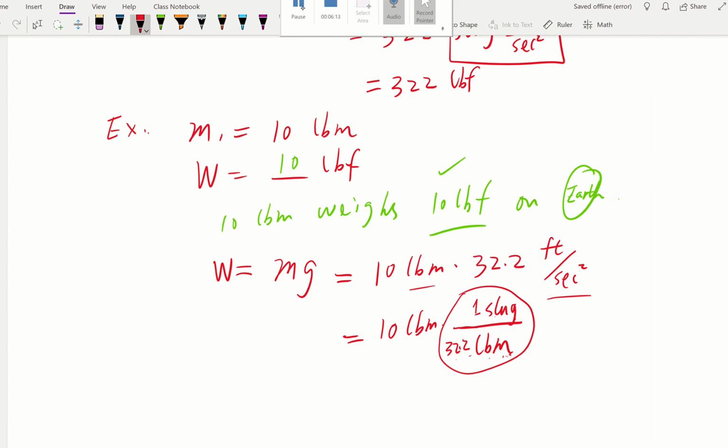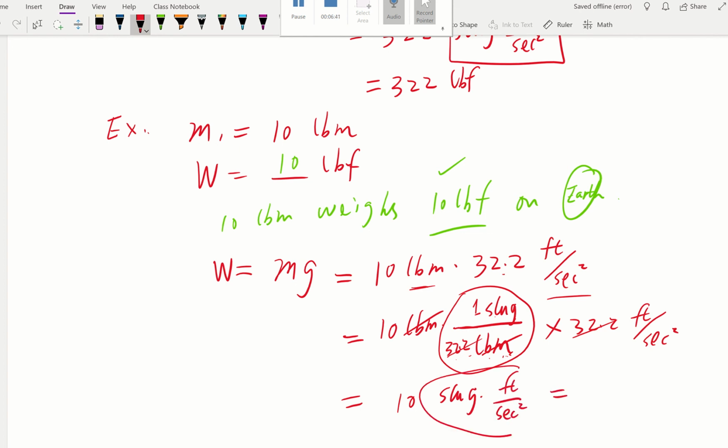Okay, so we changed this pound mass to slug. Continue. We're going to multiply by g, which is 32.2 foot per second squared. Take a moment and see what you have. You get rid of pound mass. Then 32.2 and 32.2 cancel out, right? And what do we have? You have 10 slug times foot per second squared.